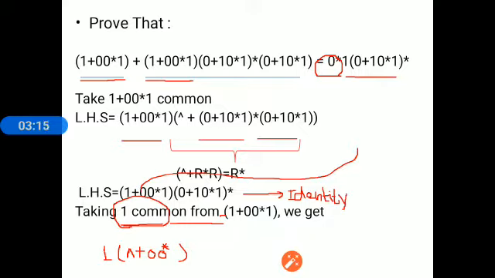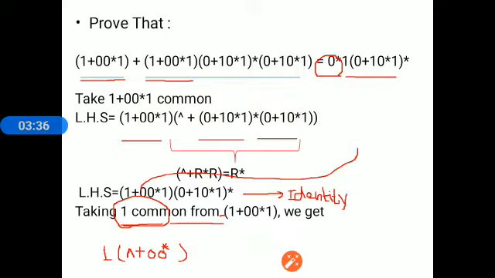Still the expression on the left side is not matching with the expression on the right side. So, again, if we observe the right side of the problem, we can observe that 0 plus 1 0 star 1 star is now with us.